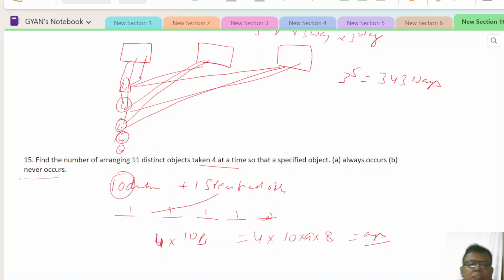Now the case where the object never occurs. So that will never come. So never come, then what will happen?